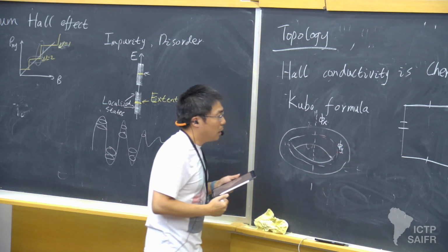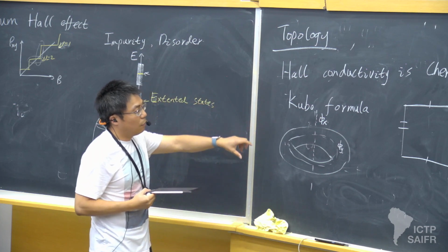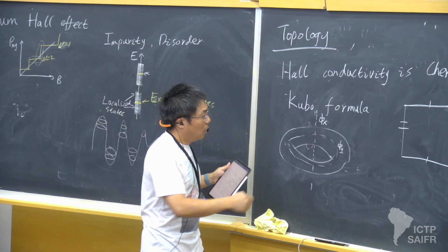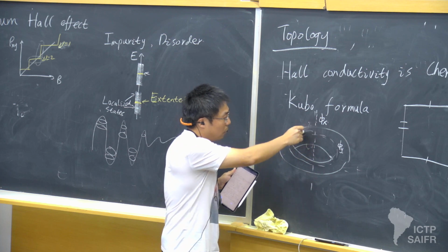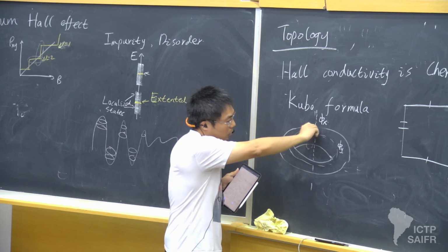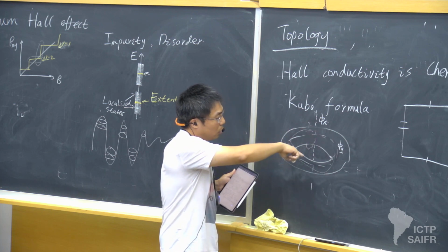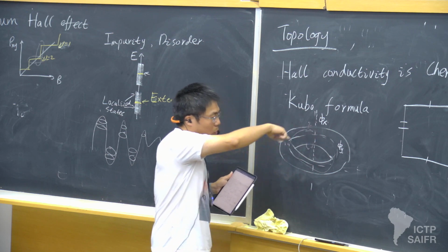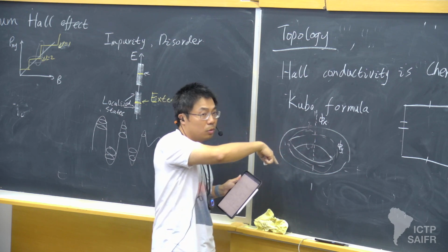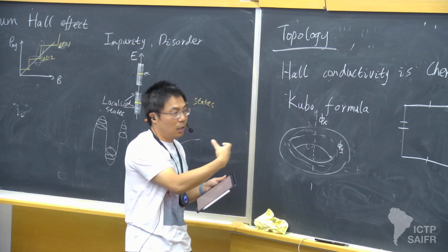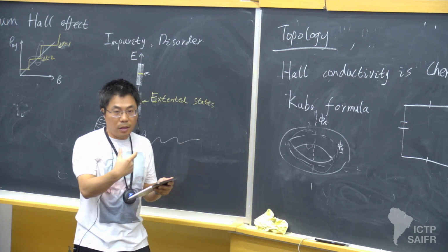The consequence of this flux is that for phi x, if I have electrons moving on the torus along this uncontractable loop, they will see this flux as an AB phase.